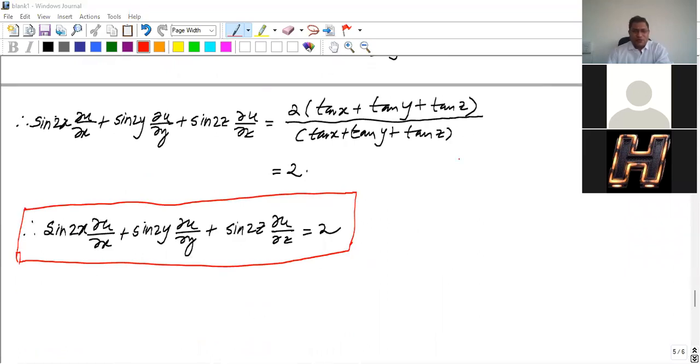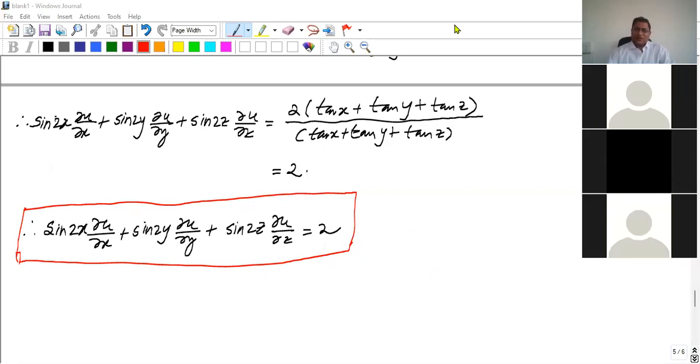Most of you got it. Good. Is there any doubt in this example? No doubt, sir. Okay, that's great, all of you got this example. Will you be able to solve problems based on partial derivatives now?